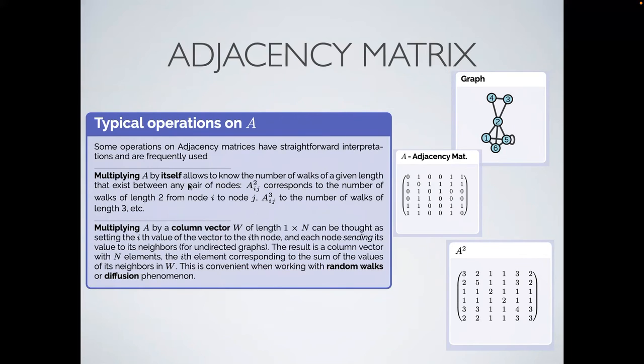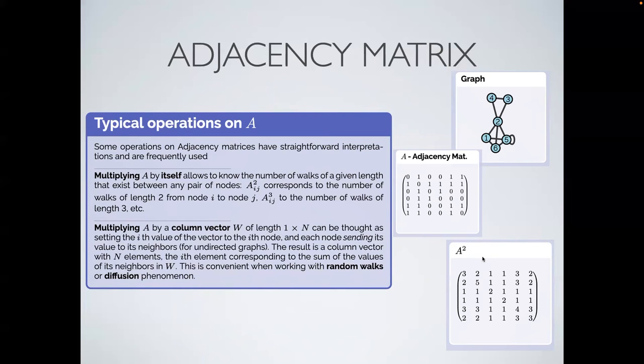For instance, this tells you that between 1 and 1, there are 3 walks of length 2. Basically, it's going to another node and coming back. But it also tells you that to go from 1 to 2, there are two walks of length 2: you can use 1, 5, 2 or 1, 6, 2.